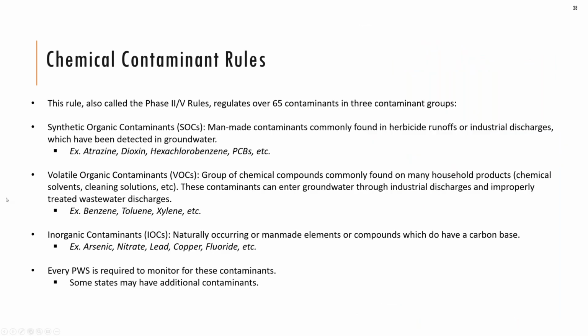The next rule that I'll cover is the chemical contaminants rule, which is also called the Phase 2.5 rules, which regulates over 65 contaminants in 3 contaminant groups. These groups are synthetic organic contaminants, which are man-made contaminants commonly found in herbicide runoffs or industrial discharges; volatile organic contaminants, VOCs, which are a group of chemical compounds commonly found in many household products.